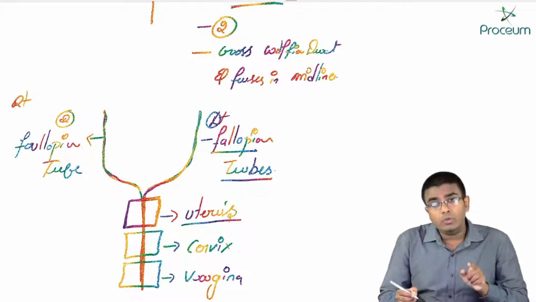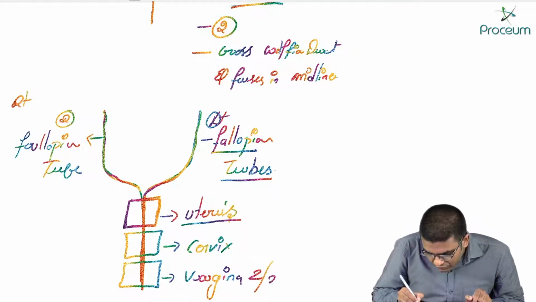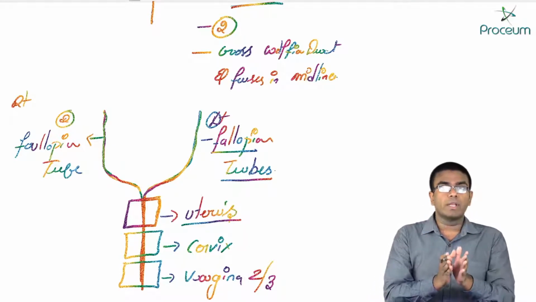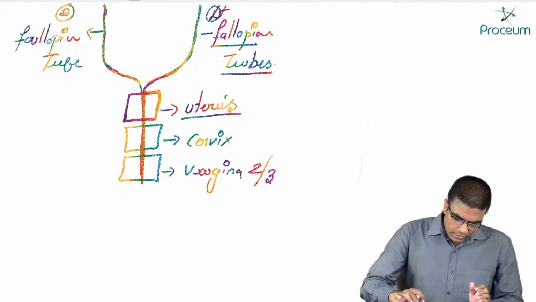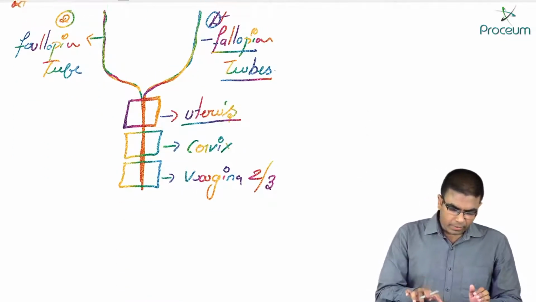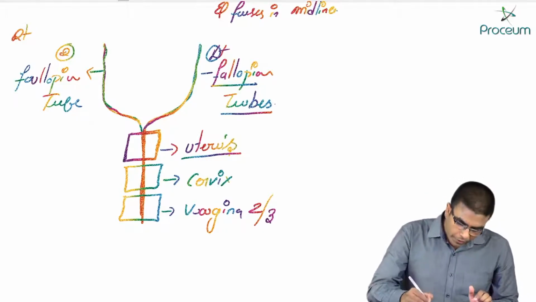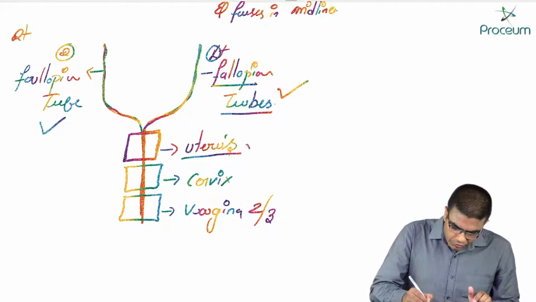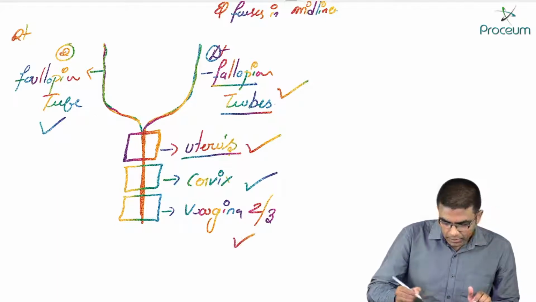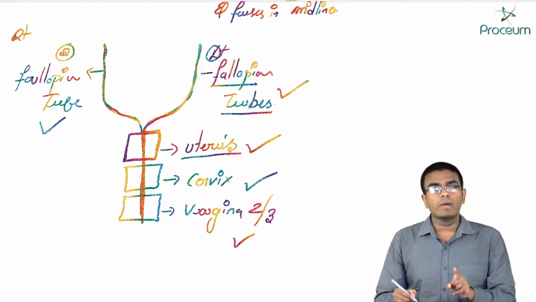The upper two-thirds of the vagina is formed from the fused part of the Mullerian ducts. Please remember, as in our previous videos, that the fallopian tubes, uterus, cervix and upper two-thirds of the vagina are formed from the Mullerian ducts.